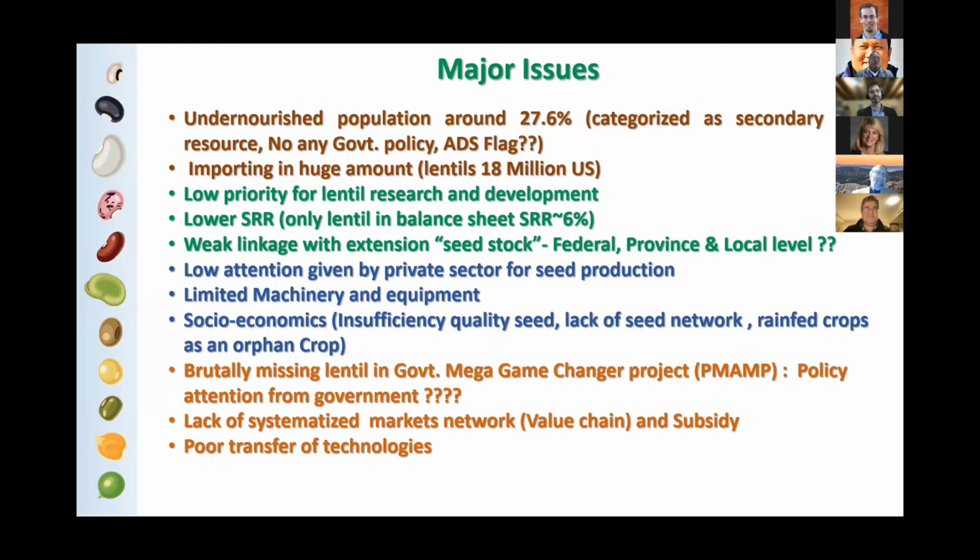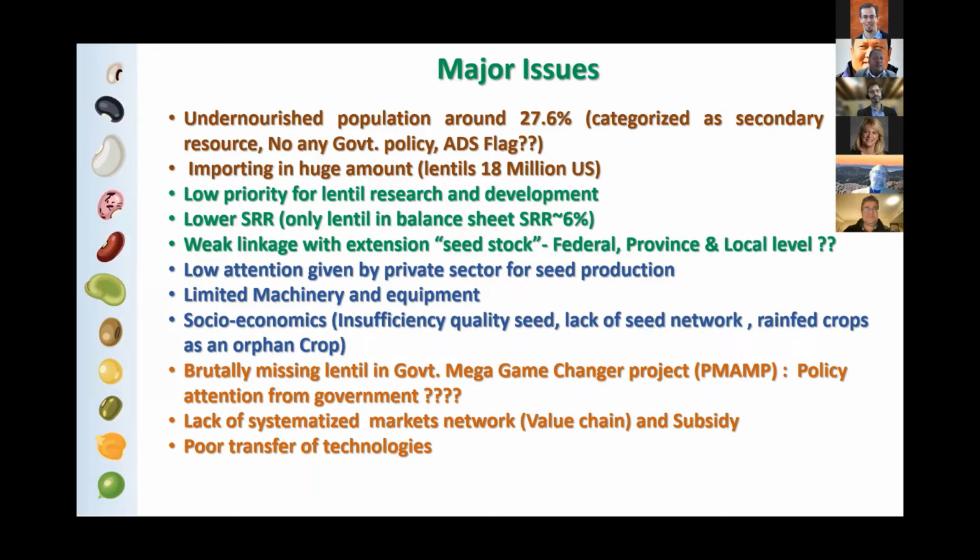A major issue in Nepal is that the undernourished population is about 27.6%, and legumes are the main source of protein, but they are categorized as a secondary crop, there is no government policy, and a huge amount is imported.